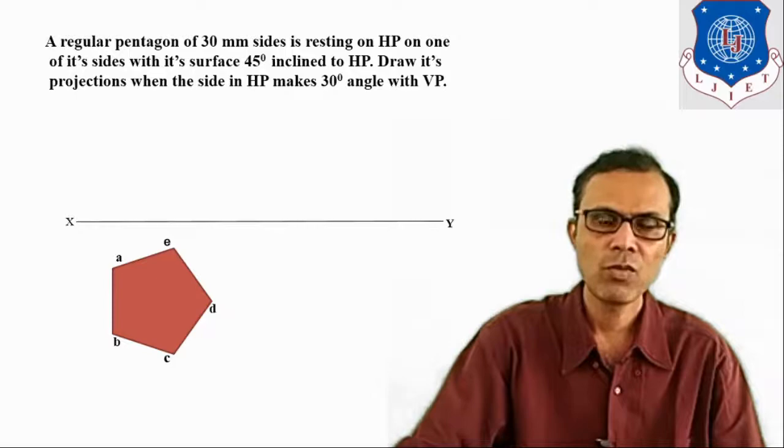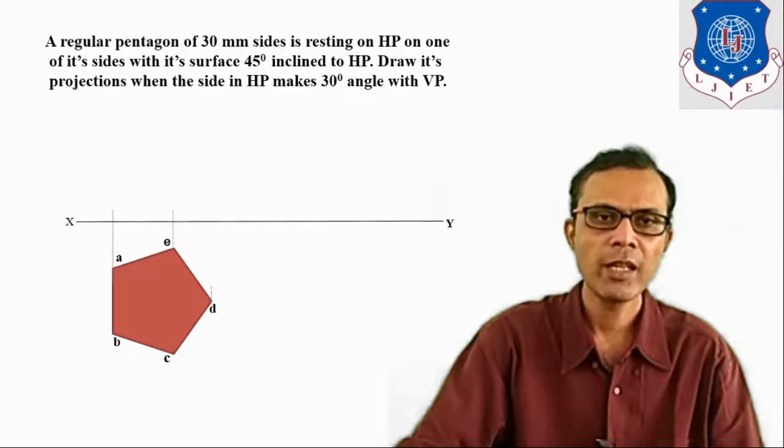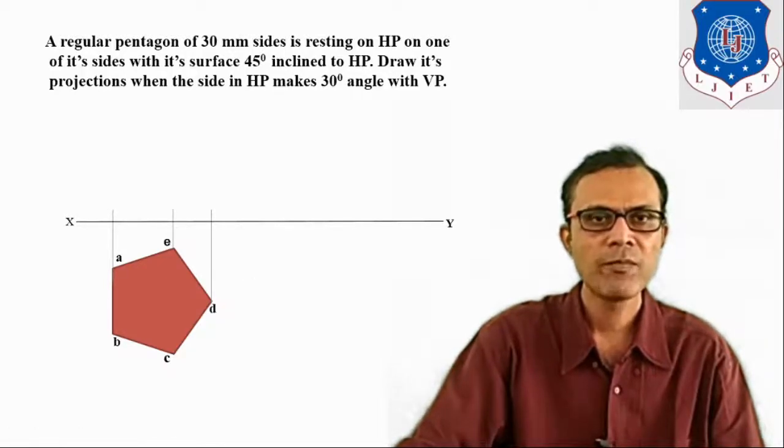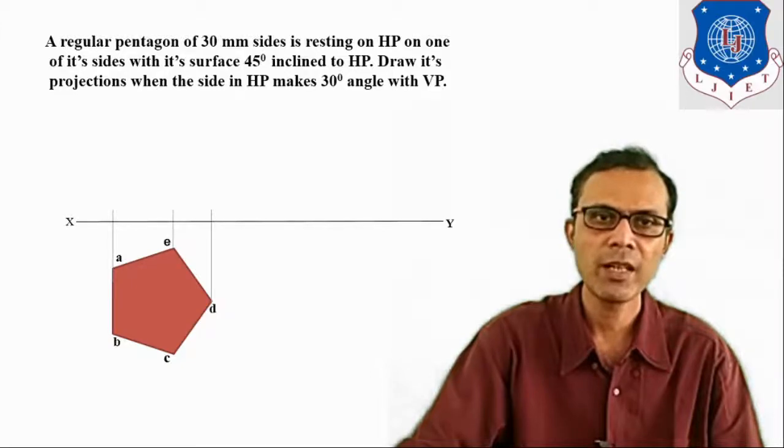Now we have to draw front view. So draw the projection from all the points of the top view from A, B, C, E and D. If you have drawn this pentagon correctly, then the projector of C and E will be on common projector line. Here you can see C and E both are on common projector line. As it is on HP, the front view will be on XY line.